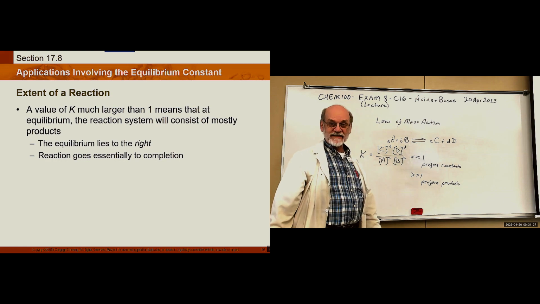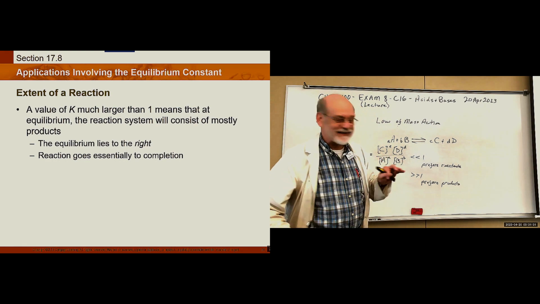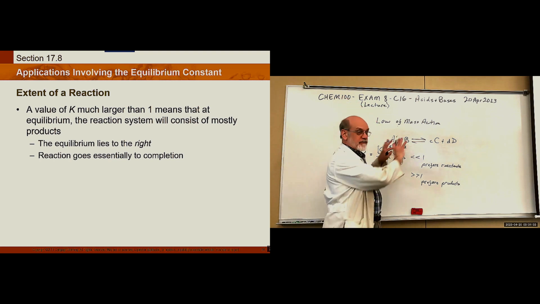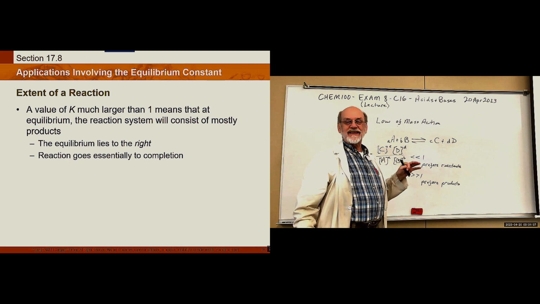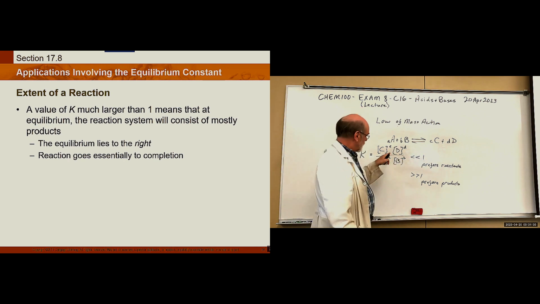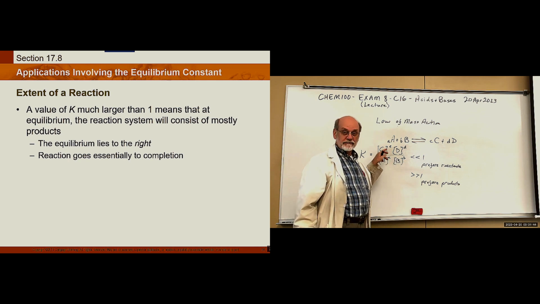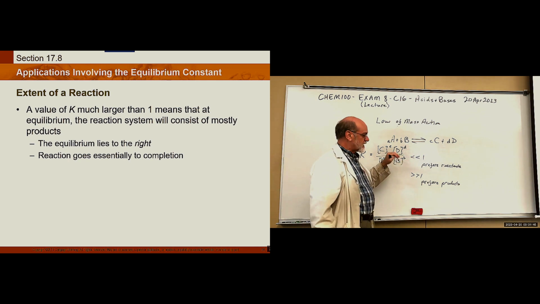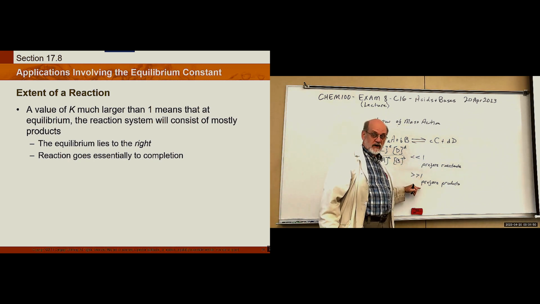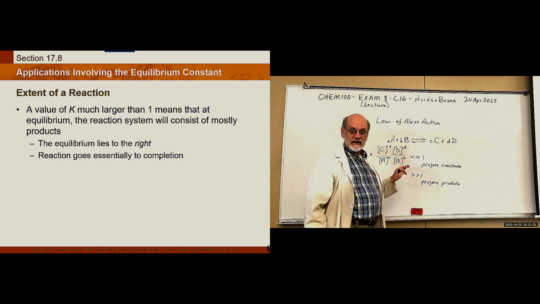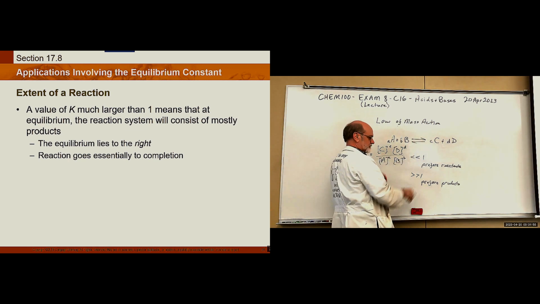Now the slide implies that if it's exactly equal to 1, it's perfectly balanced, concentrations on both sides. But we can't say that because of these powers. Those powers will influence the value. But if it's very much smaller than 1 or very much larger than 1, then we can say something reasonable about the position.